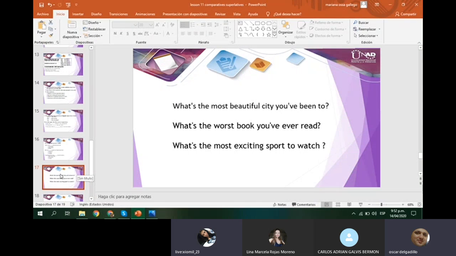Why is Agua Azul beautiful? Because the city is smaller than other cities, so it is easier to get around. And the other thing is that Agua Azul has a lot of plants, a lot of trees.